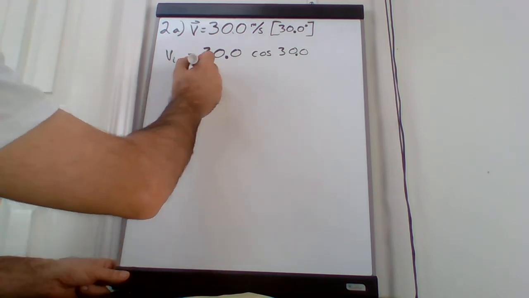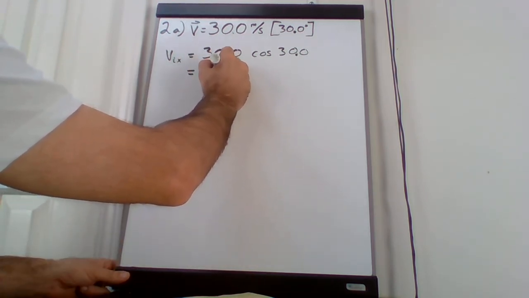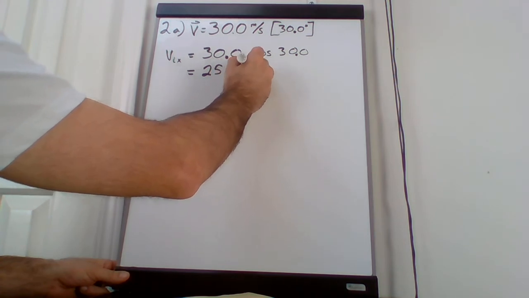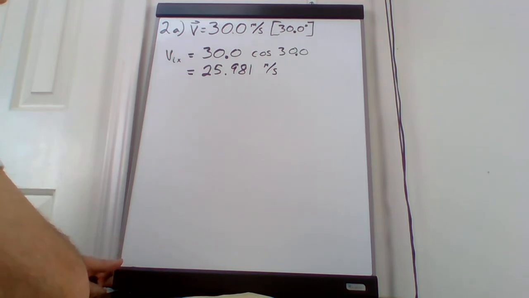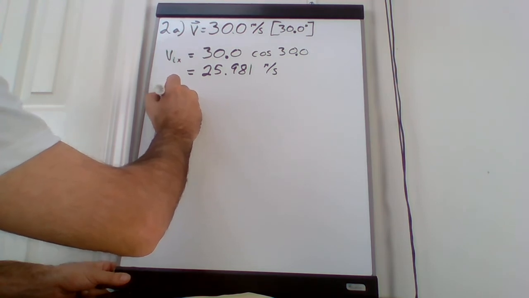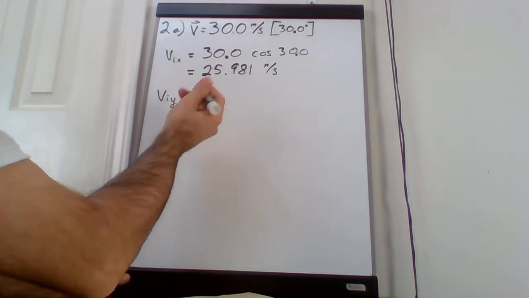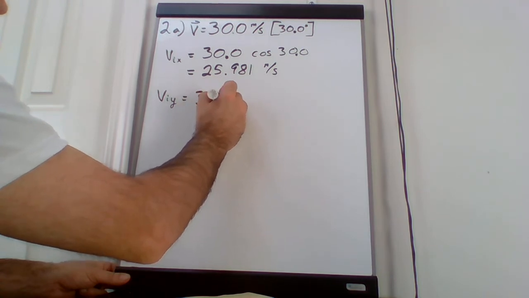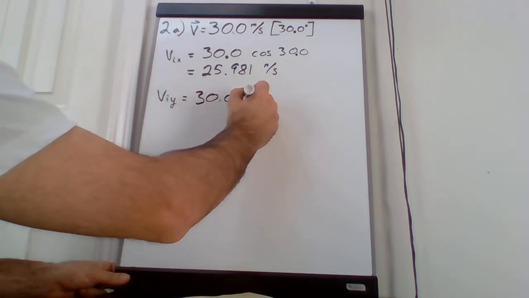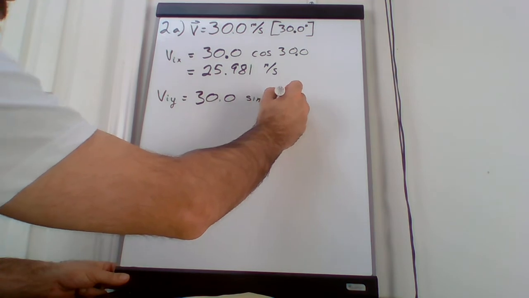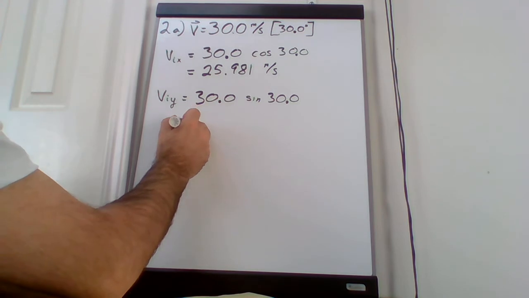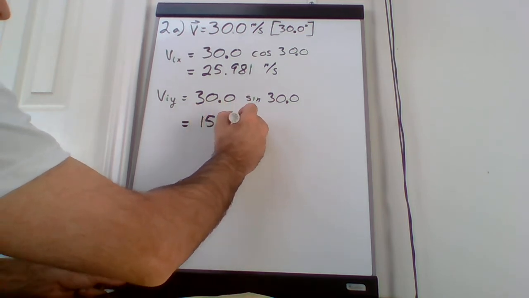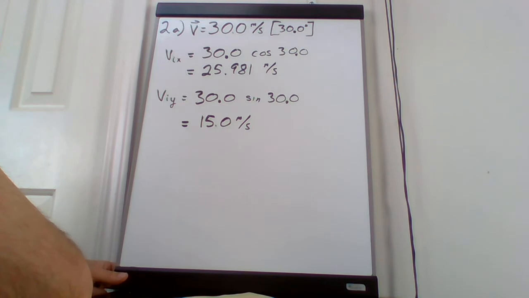Entering this into my calculator, I come up with a value of 25.981 meters per second in the horizontal direction. If I then look at my Viy, again we take that magnitude, 30 meters per second, and this time it'll be the sine of that 30 degrees. And this will give us our value of 15.0 meters per second.